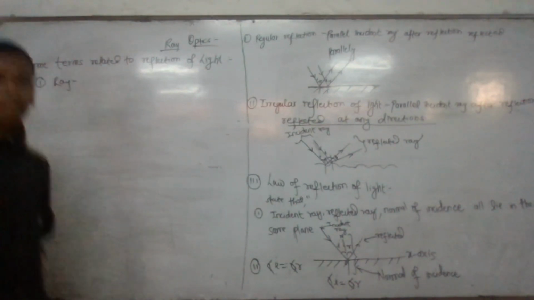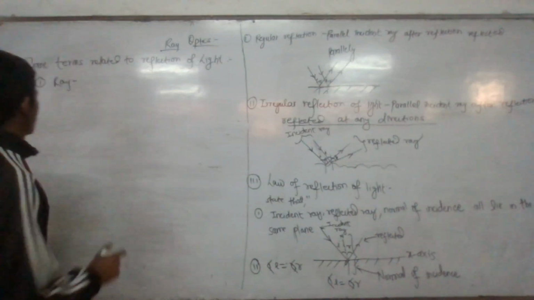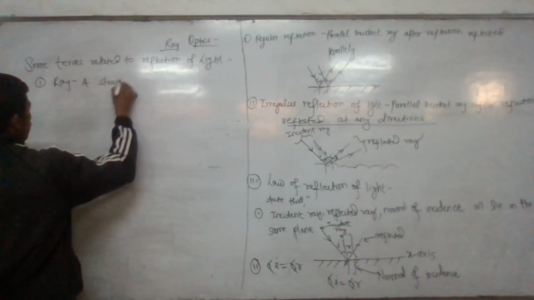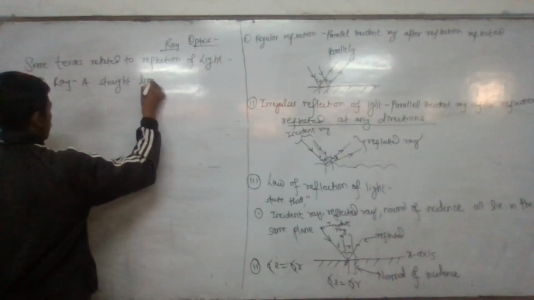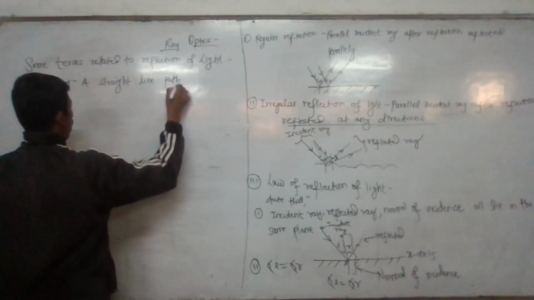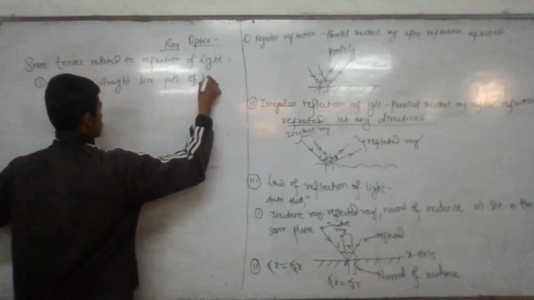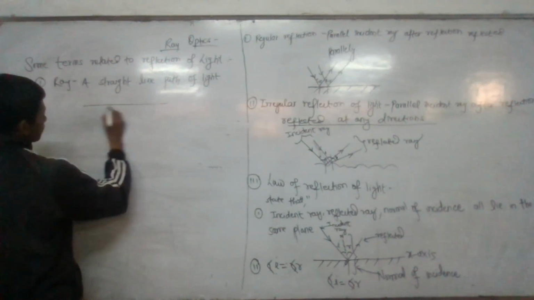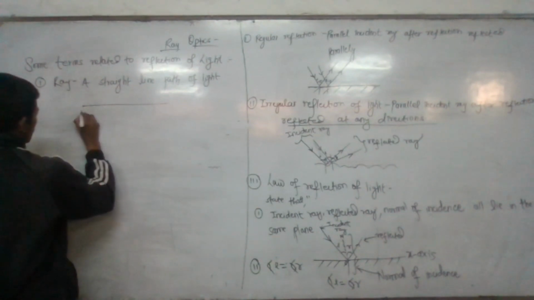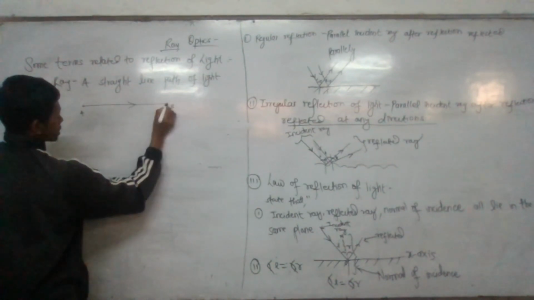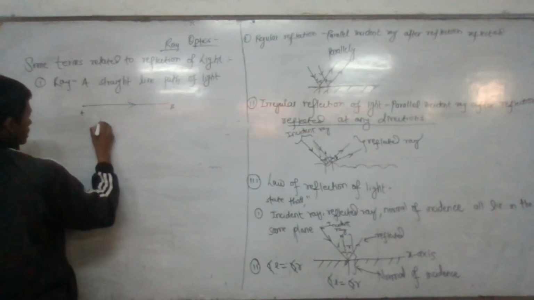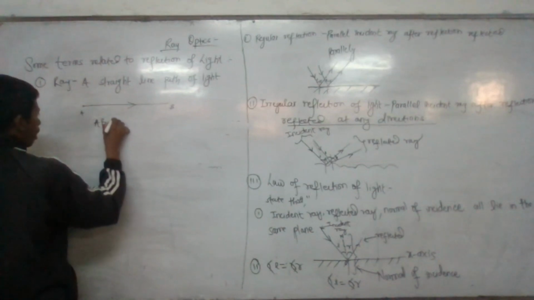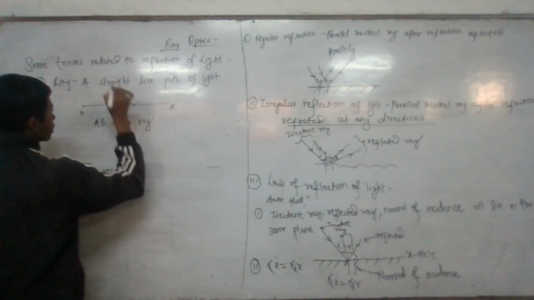So what is a ray? A ray means a straight line path of light. Okay, this is a straight line from point A to point B, pointing towards point B. So this AB is a ray.